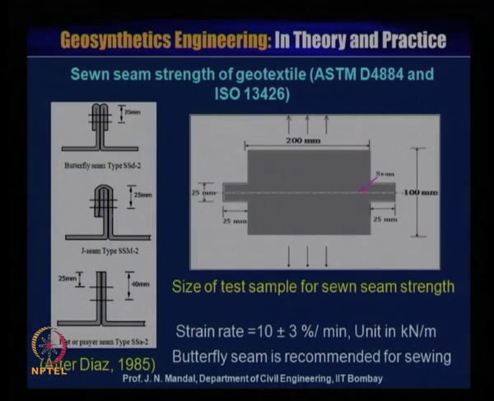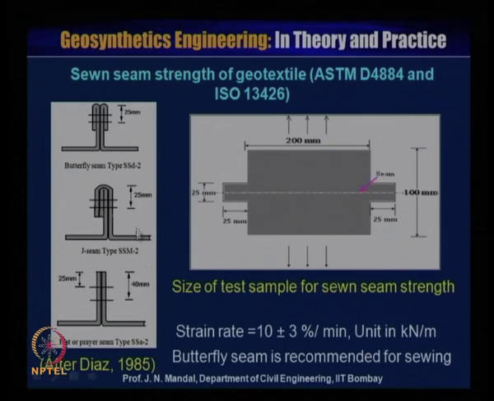When we perform the tensile strength test of the geotextile material, we also have to perform the seam strength test of geotextile. Here we have shown the seam strength of geotextile as per ASTM D4884 and ISO 13426.